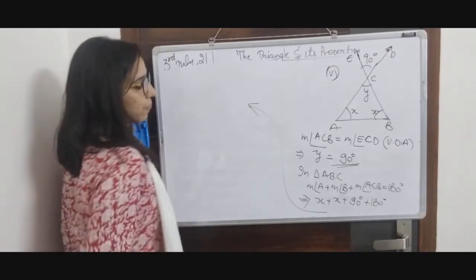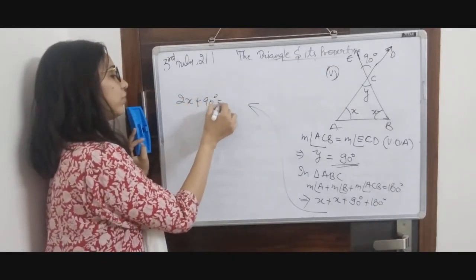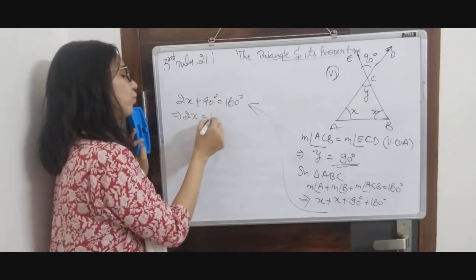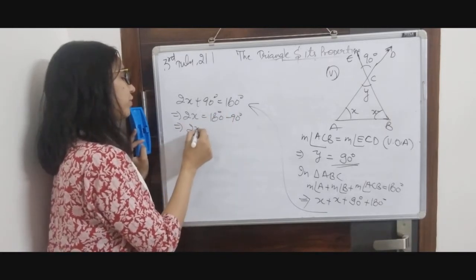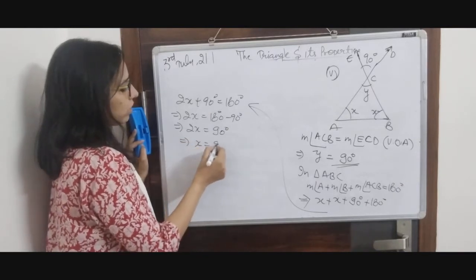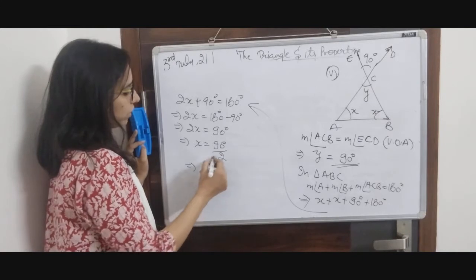After that, 2x plus 90 degree is equal to 180 degree, implies 2x is equal to 180 minus 90 degree, which means that your 2x is 90 degree and your x is going to be 90 by 2, that is 45.